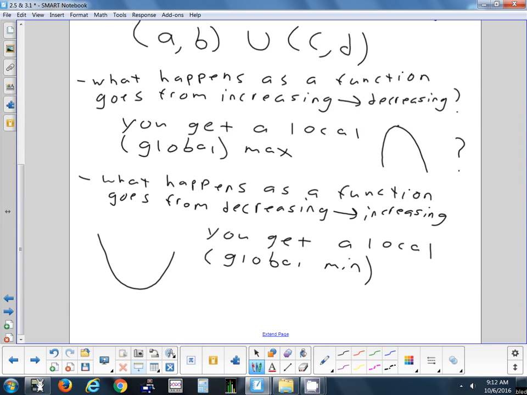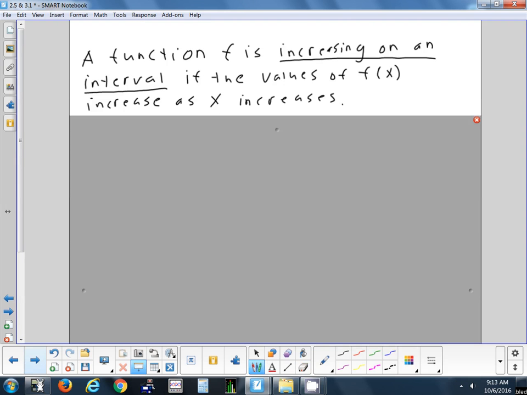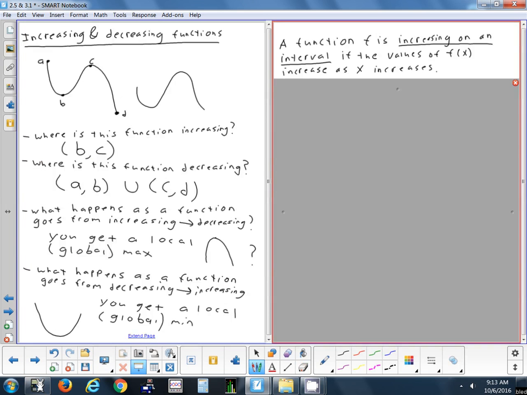Okay, so let me graph it first, and try to keep everything on the screen at the same time, including the calculator. All right, so x cubed minus 4x.